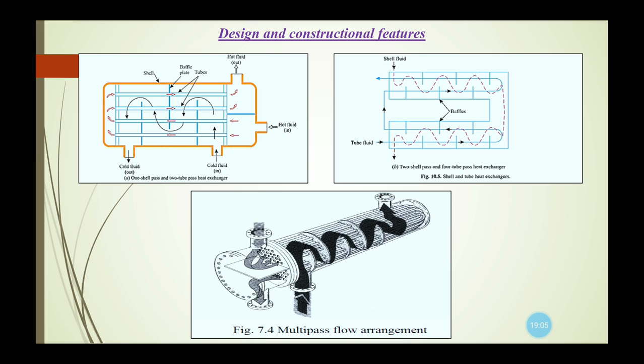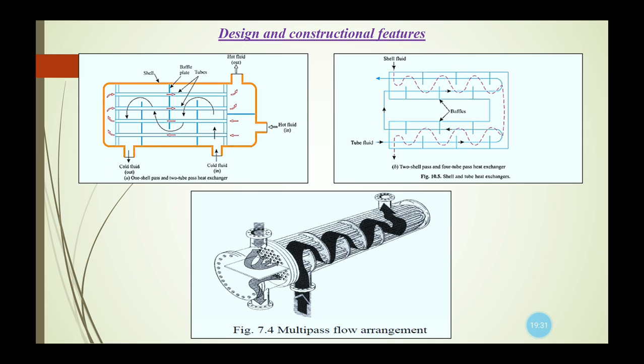The other fluid is forced through the shell and flows over the outside surface of the tubes. In diagram 10.5a, we can see a one shell pass and two tube pass heat exchanger.